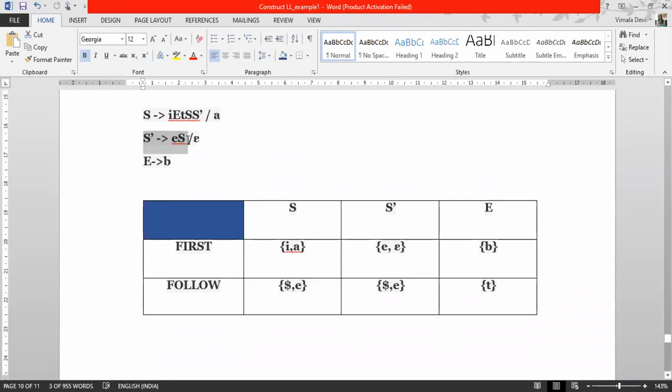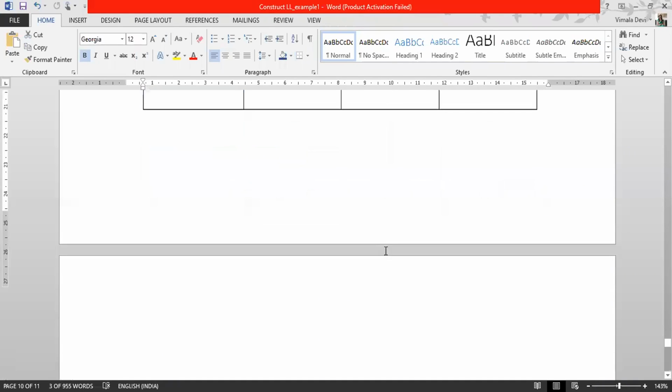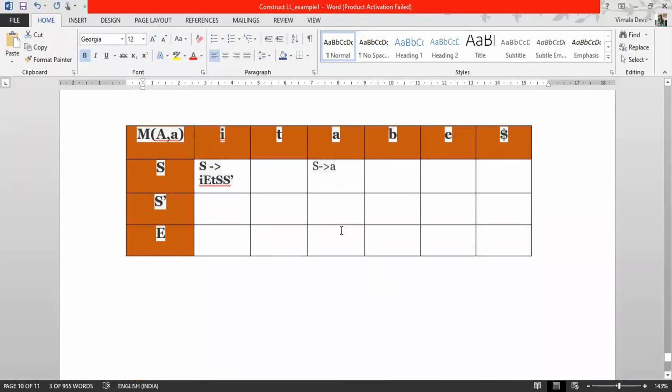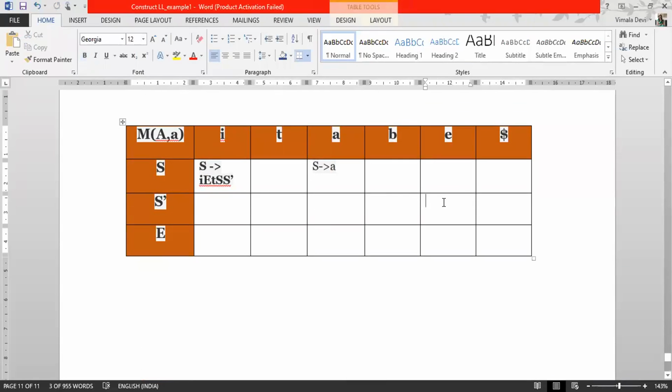When I consider this rule, and if I try to find what is first of S' for this rule, it is only e, right? So S' comma e, you have to write the rule S' derives eS.